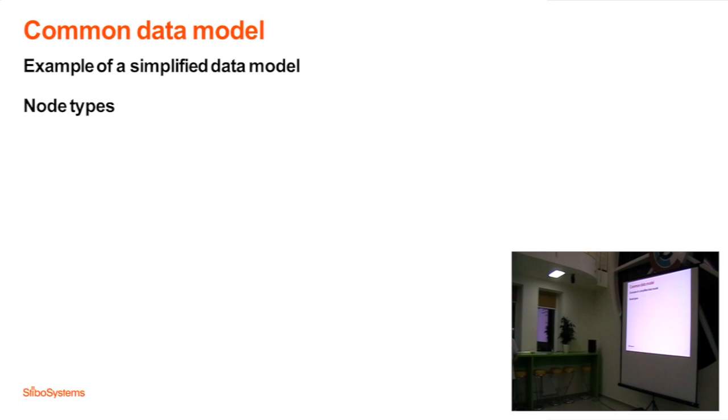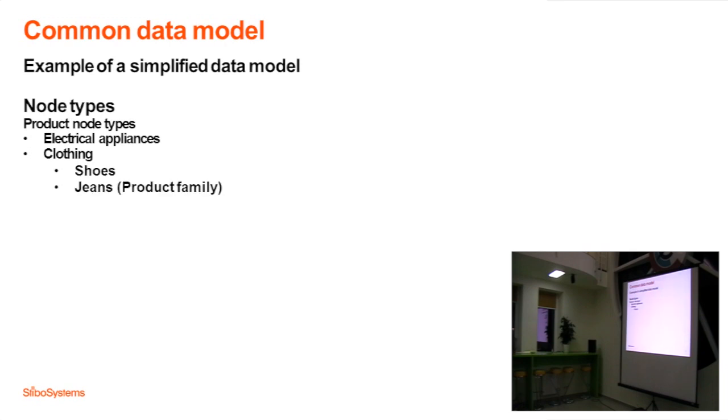Let's look at a simplified data model. For product nodes, we could have something like electric appliances. Now this is again the types we're talking about. And we can have something like clothing, and under clothing we can have shoes, jeans. We can also say we treat the jeans as a product family because we have a lot of variation of the jeans.